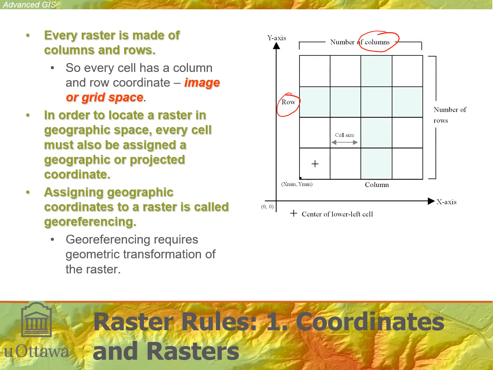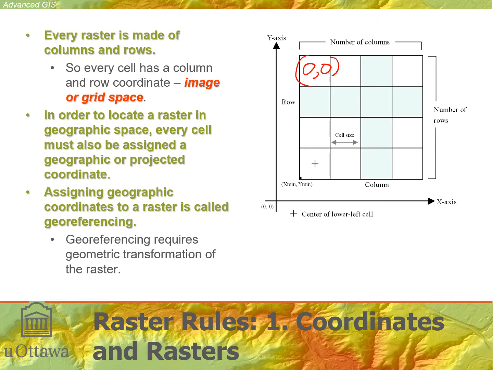Now, the coordinate system of a raster layer starts at 0, 0. And that's the top leftmost cell. So every raster has a coordinate system where the top leftmost cell is coordinate 0, 0, and that's for the internal raster coordinate system itself.